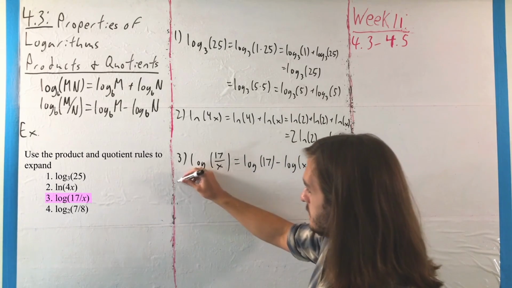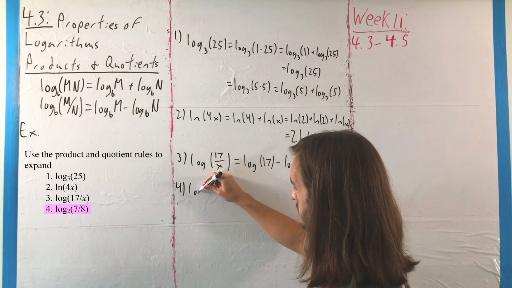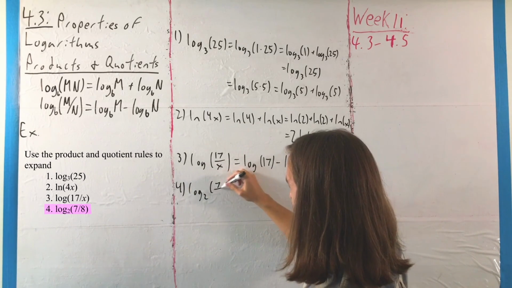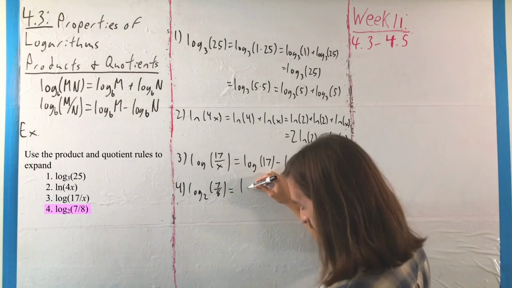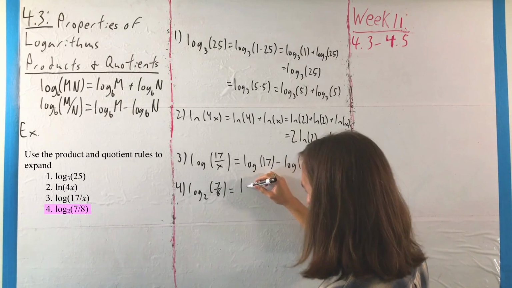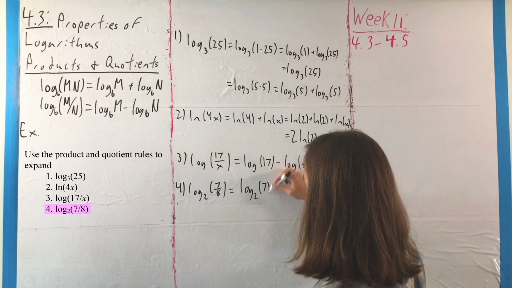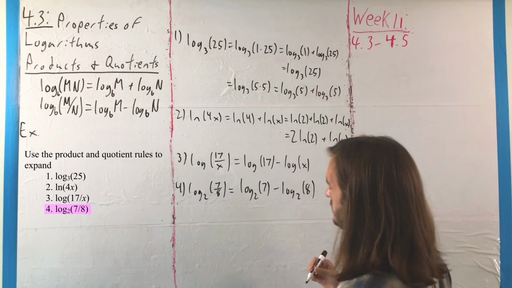So for our last case, if we have log base 2 of 7 over 8, we could play the same game. We would have log base 2 of 7 minus log base 2 of 8.